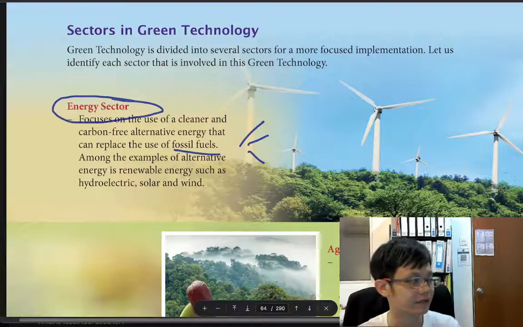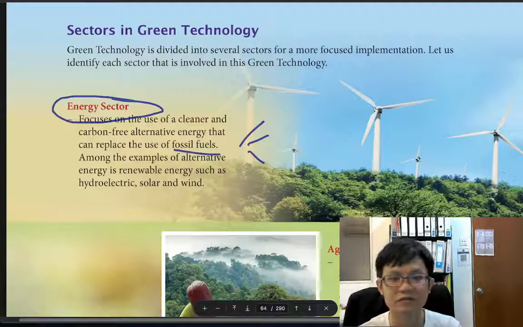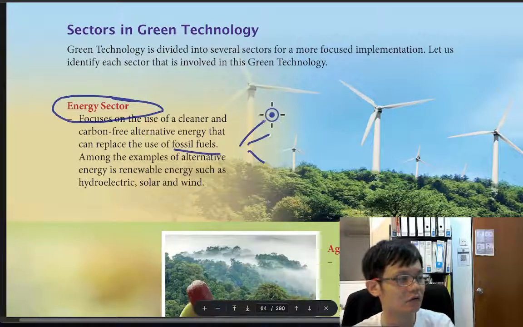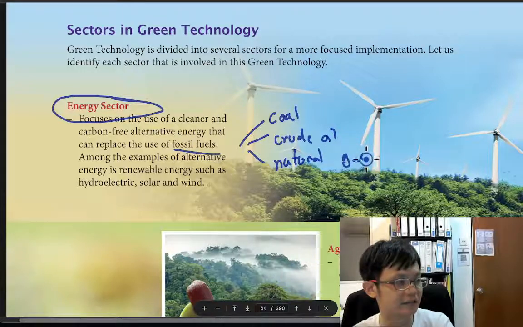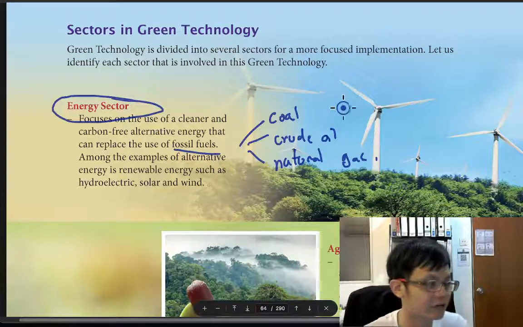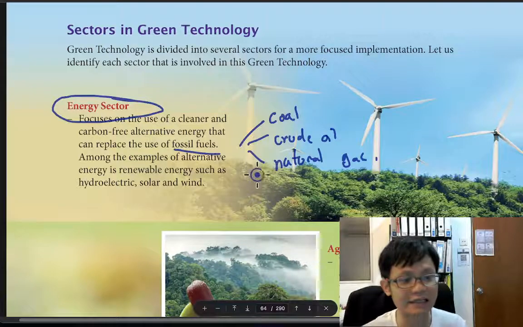Let me go to here a bit. Okay, so I just write here coal, crude oil, and natural gas. This one I'm not saying for fun.